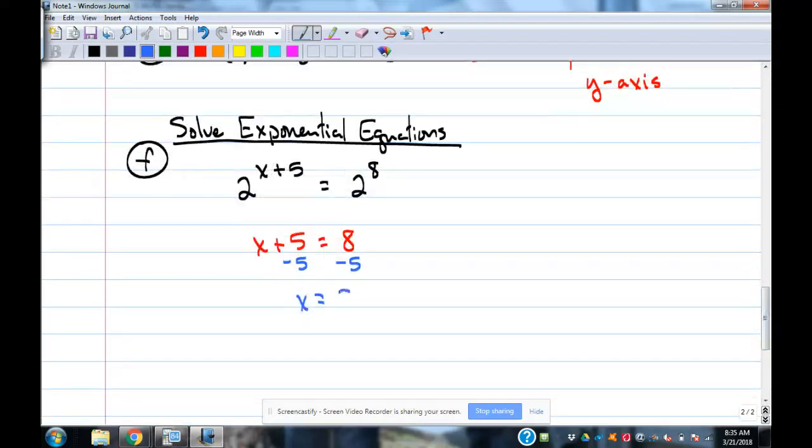X equals 3. I can check that. 3 plus 5 is 8. 2 to the 8th better equal 2 to the 8th. Forever and always. If it doesn't, then we probably don't have much time left, because we're going to hurtle through space toward the sun and burn up.